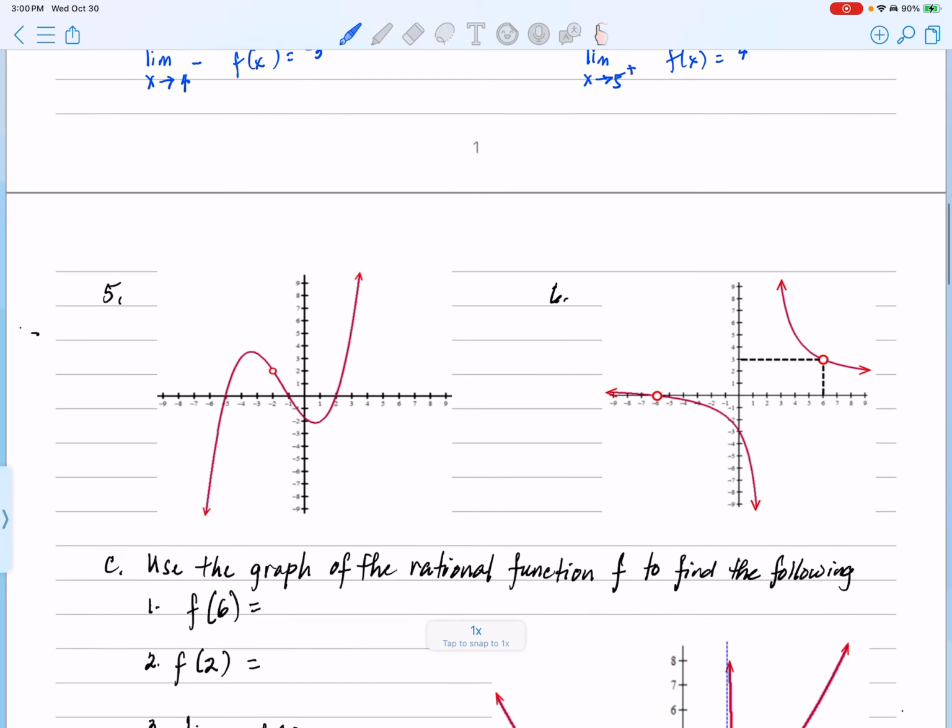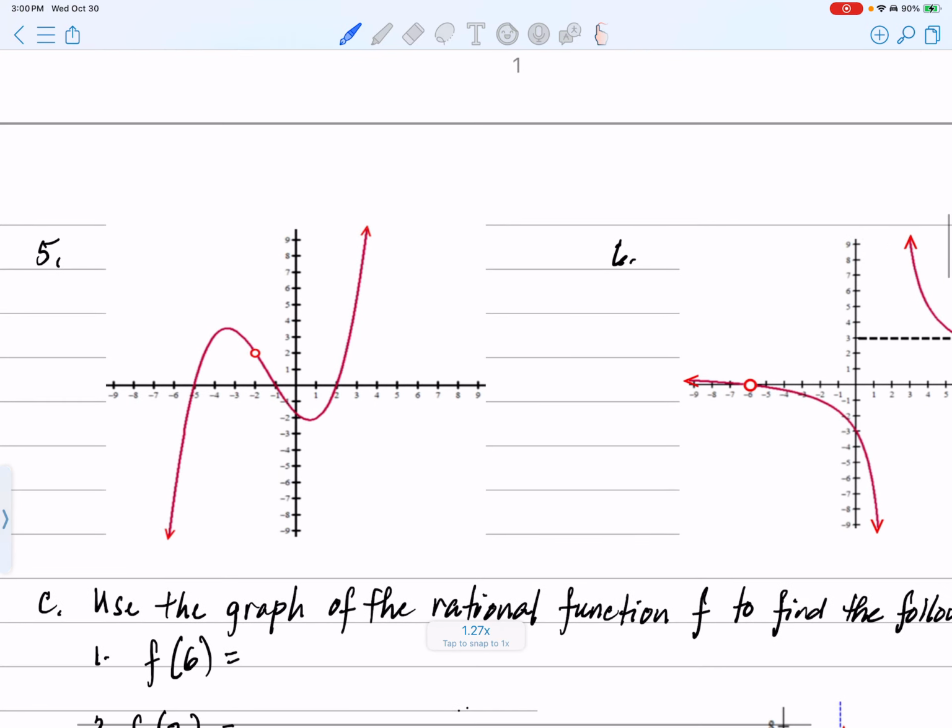Let's have this. This is the location of the hole at -2. So we can write the limit as x approaches -2 from the left, and the limit as x approaches -2 from the right.